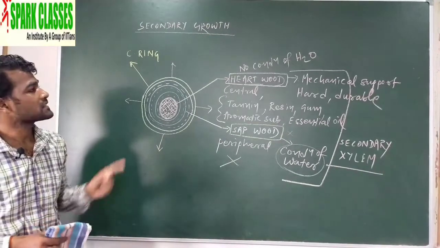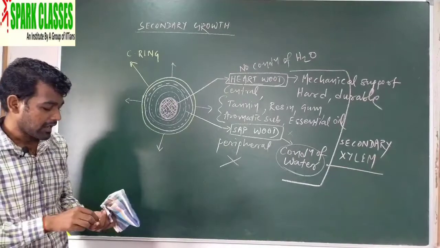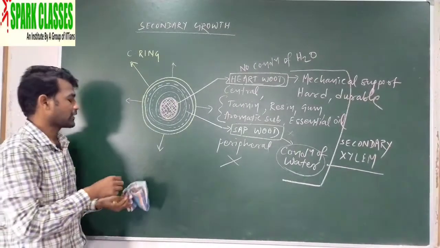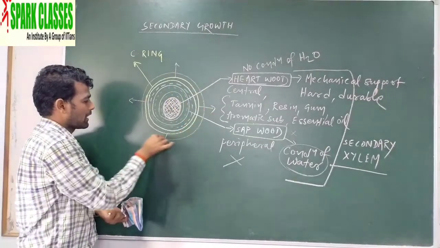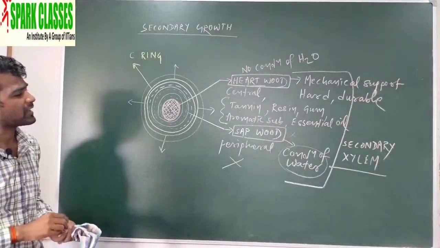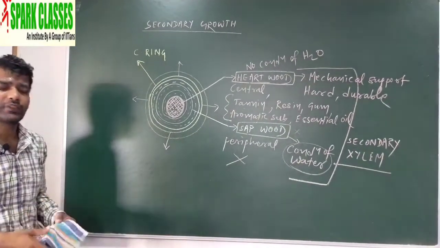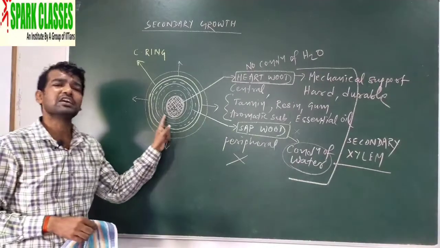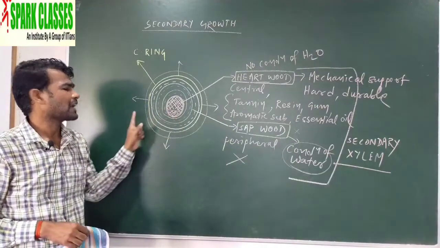Clear? So this completes your secondary xylem, and outside there is a formation of secondary phloem. Already last class we have discussed, outside the cambial ring there is a secondary phloem. That part is not important because secondary phloem is very less in amount. I had already told you the activity of the cambial ring is more towards the inner side than the outer side.